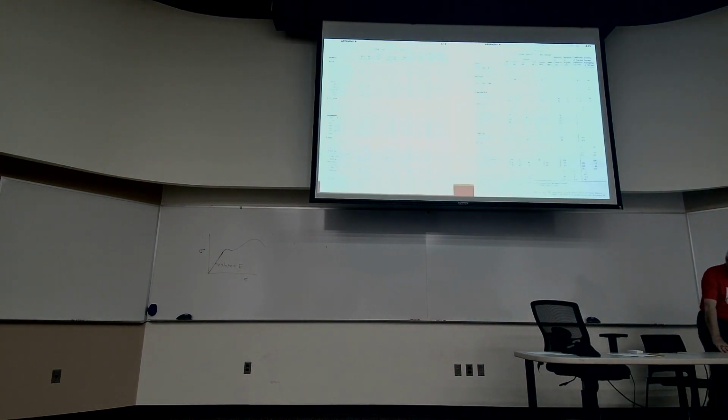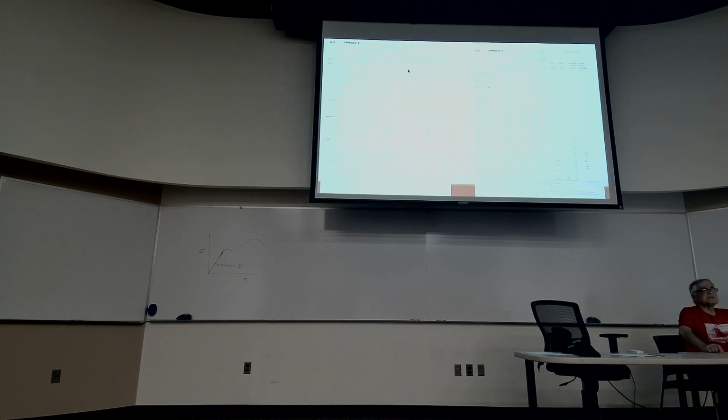you can see this column here, modulus of elasticity in gigapascal. So for steel, E is 200 gigapascal. And in English units, it will be 29 million psi.